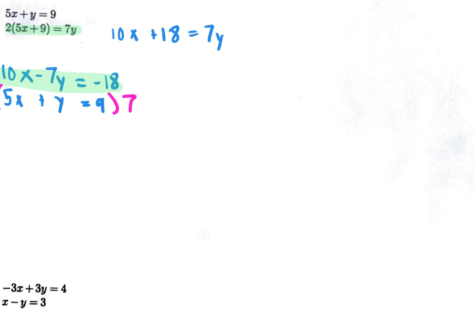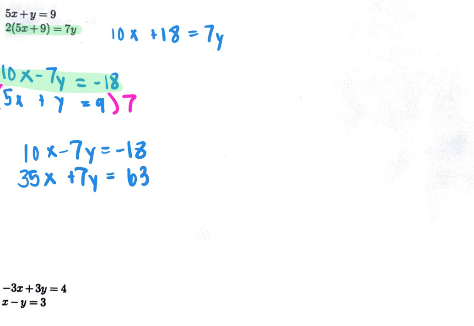Okay, so let's try this. We're going to go 10x minus 7y equals -18, and 35x plus 7y equals 63. Okay, so I'm going to add these two equations together.